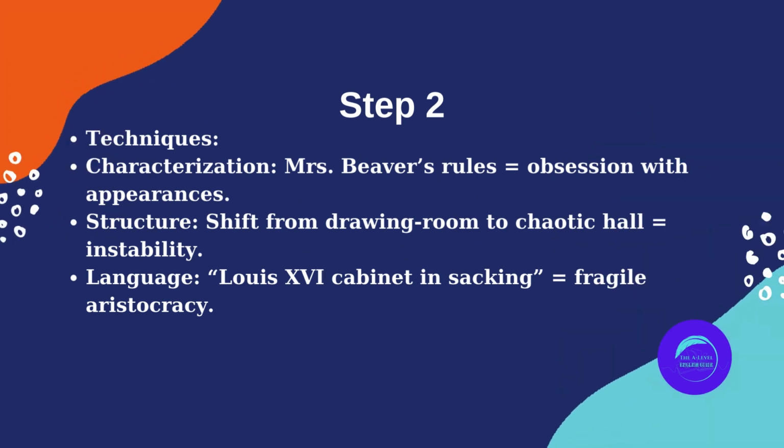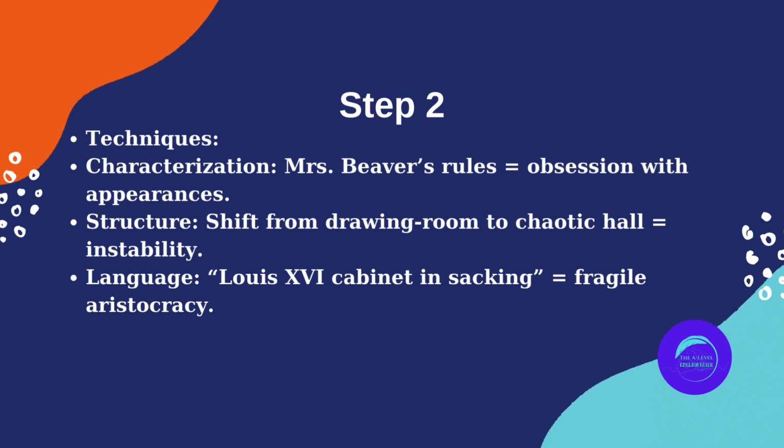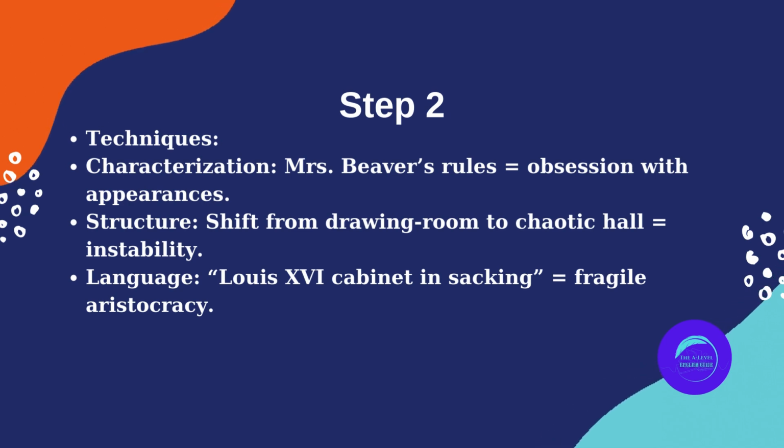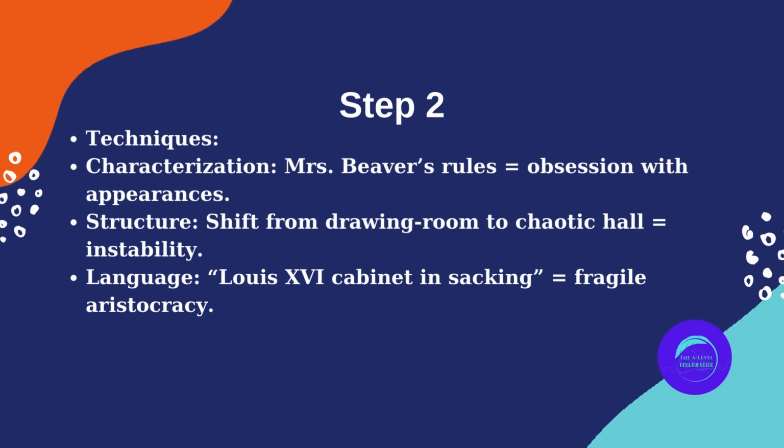Step 2. Key techniques. Characterization, Mrs. Beaver's obsession with rules, no coffee in the dining room, symbolises the suffocating performativity of her class. Tony's silence and fixation on the covered cabinet, a status symbol hidden in sacking, suggest his disillusionment.